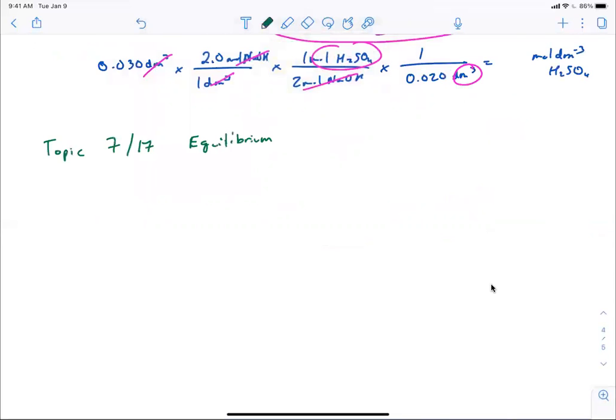Topic 7 and 17, equilibrium. Okay. There is the same kind of RICE charts as there is in topic 8 and 18. But depending on the level, SL or HL will tell you what extent you have to be able to do them. And so let's say you have something like this.